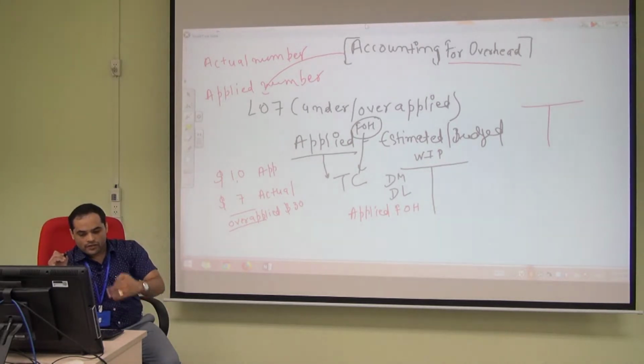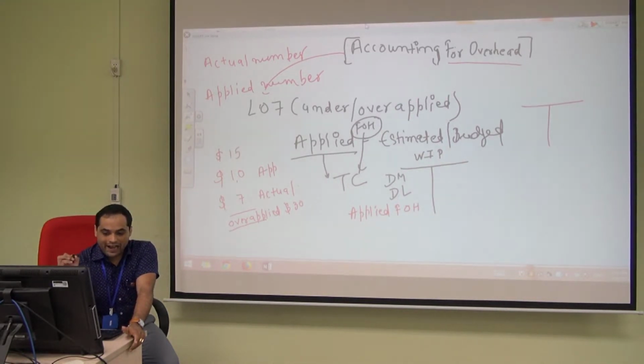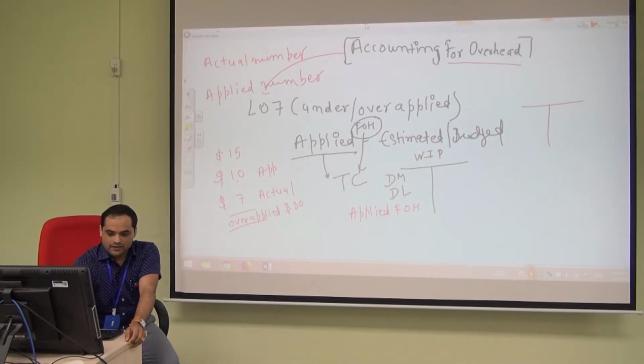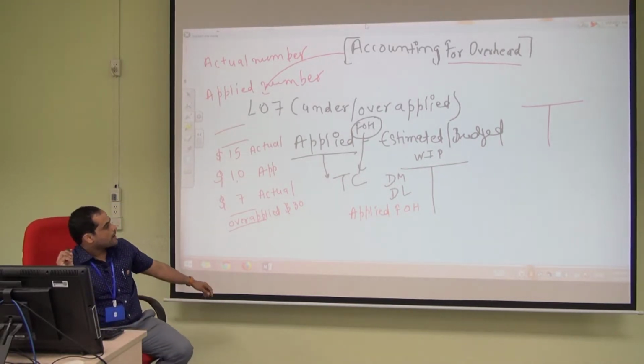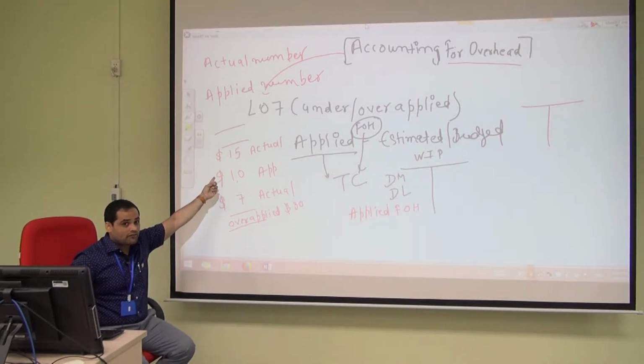For example, you are applying $10, and at the end of the year you came to know that your actual factory overhead is 15, not 10. So what does it mean? You were planning that you would spend 10, but actually you spent 15.